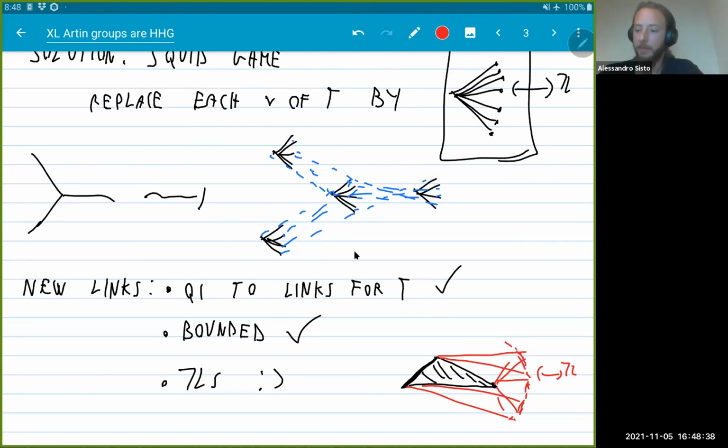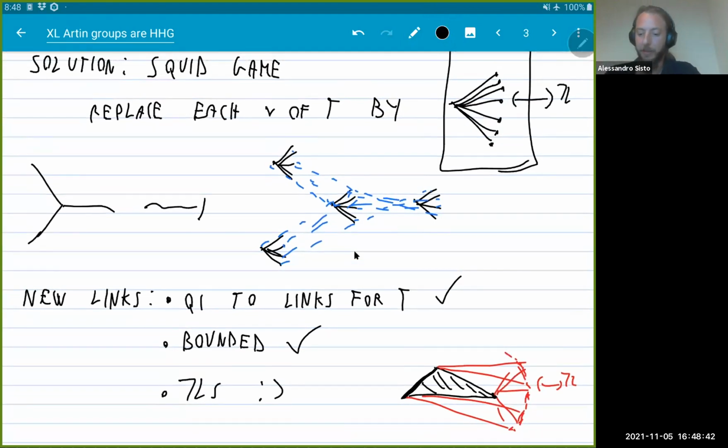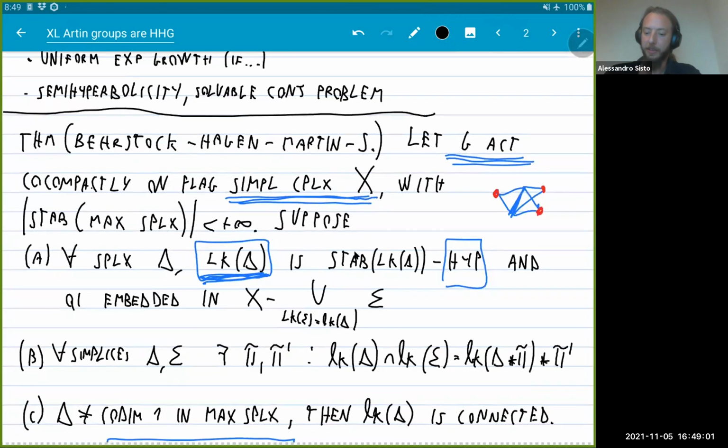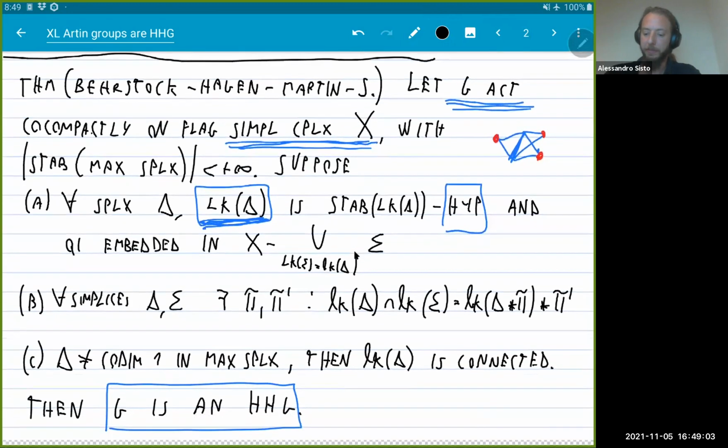So it's a funny little construction, but it works. And for that particular example, you have a simplicial complex which looks like this, which actually encodes the whole HHS structure of this particular group, and you can apply this criterion to it.